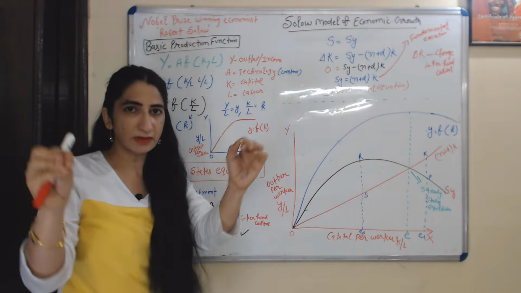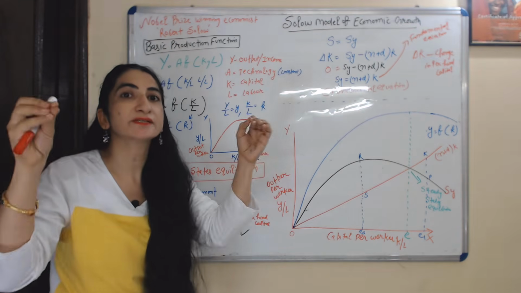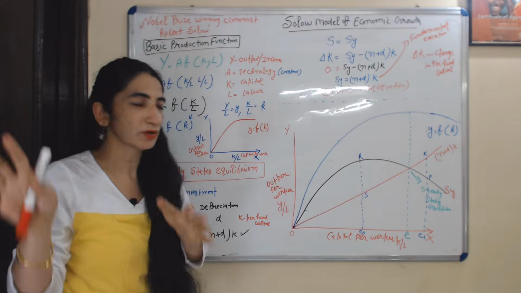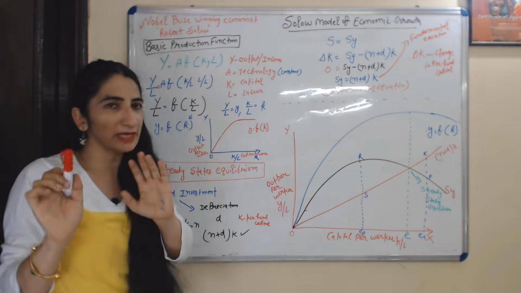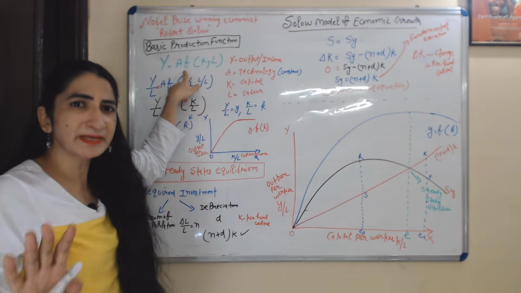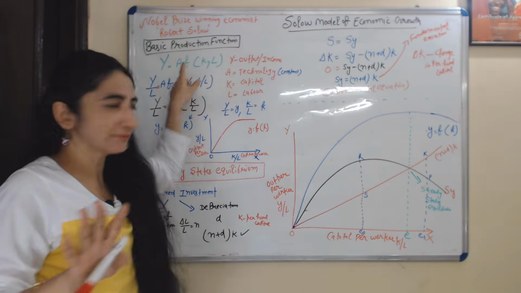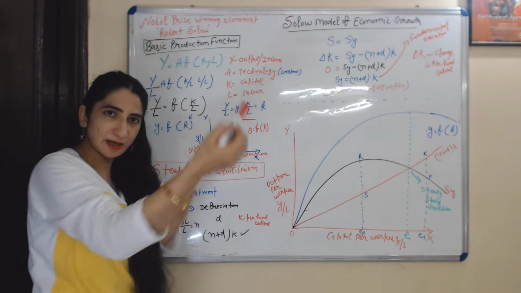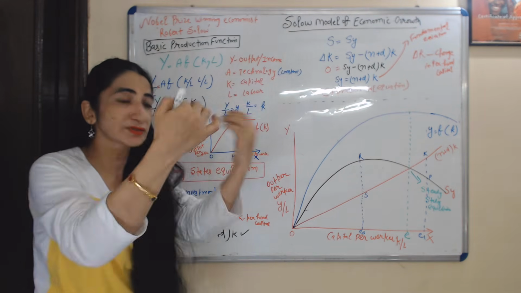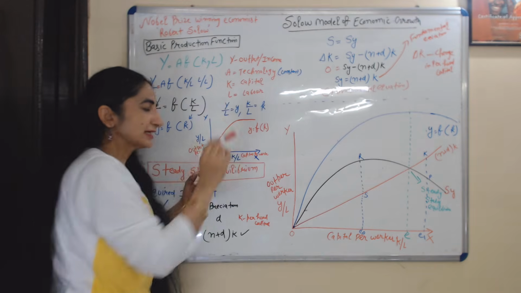A is equal to technology, which is assumed constant in this model. K is equal to capital and L is equal to labor, and F simply shows the function. Y is output or income, A is technology which remains constant, K is capital and L is labor.